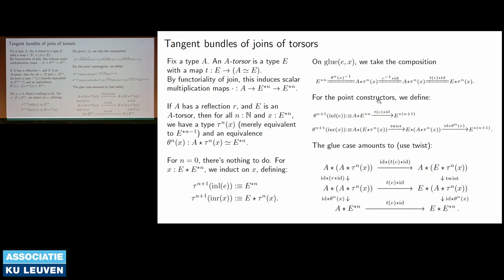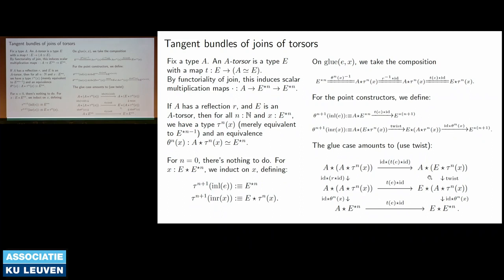But then to check that everything works, you have to have the theta as well. And this is where it's important that you think geometrically and you get the right definition. So use scalar multiplication in the left case. You need a twist and this in the theta case on the right case.